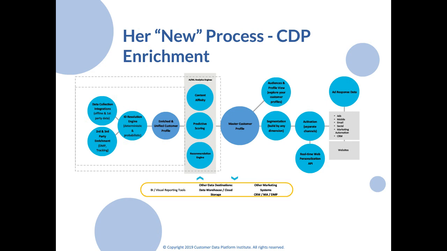Now, this is a fairly advanced analytical technique, but CDPs like Treasure Data actually provide out-of-the-box tool sets for building these types of models. And you can really see where this information becomes invaluable for targeting efforts.